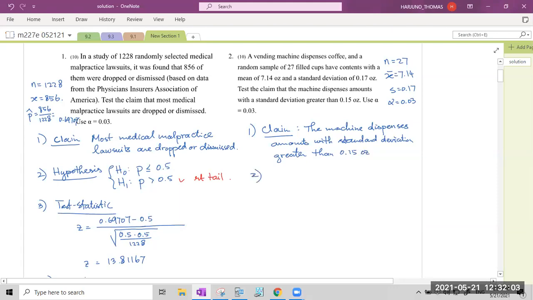So this is hypothesis test on population standard deviation. Unfortunately, our calculator does not have a way to confirm that.